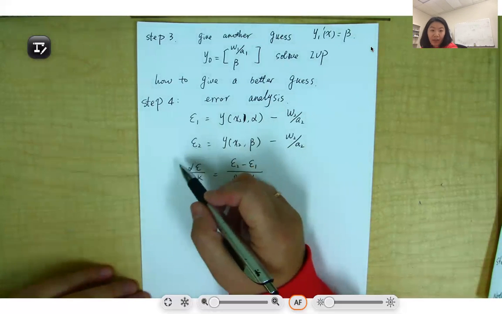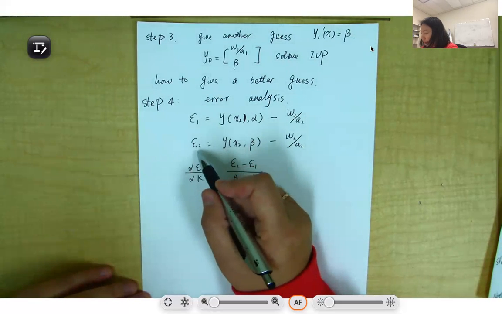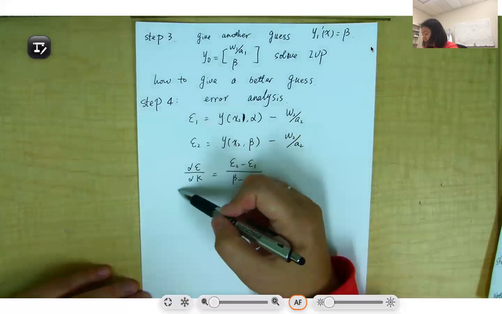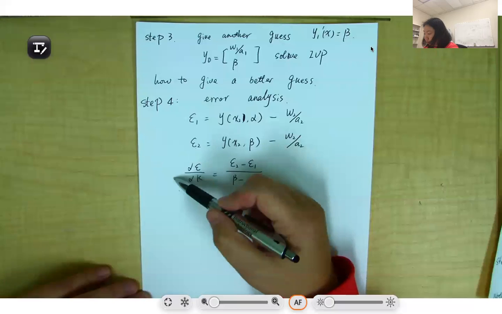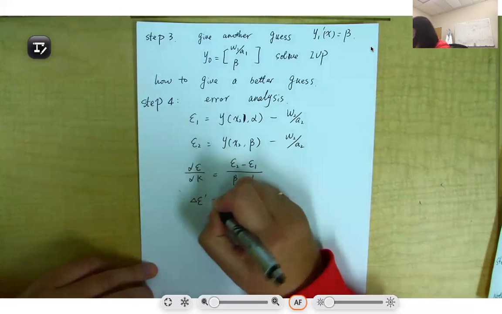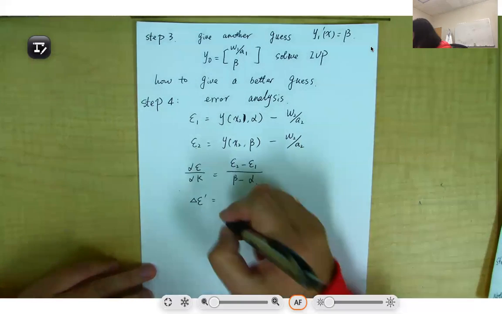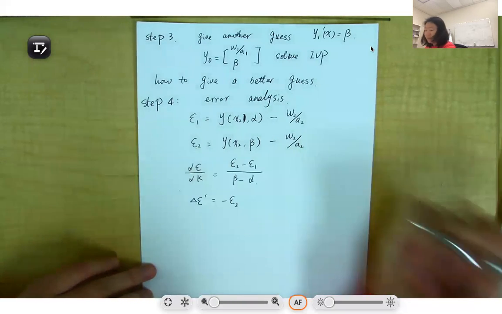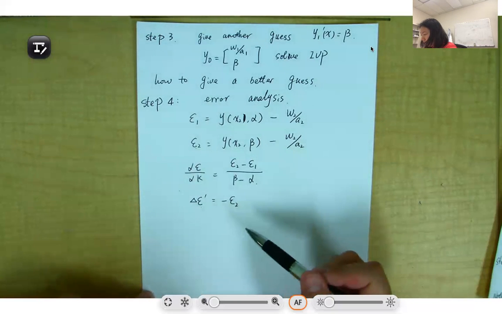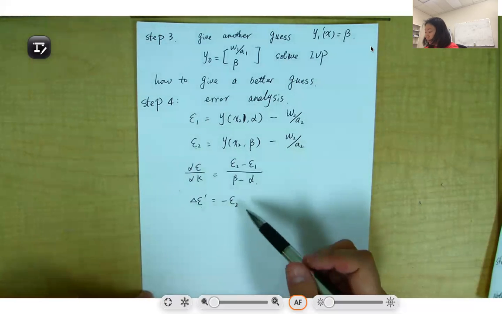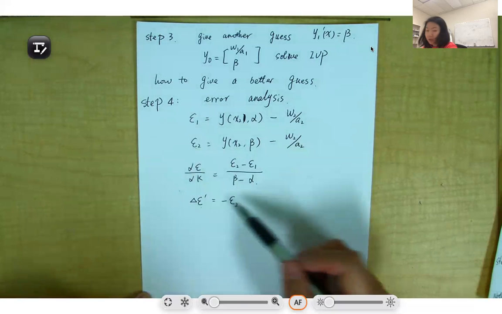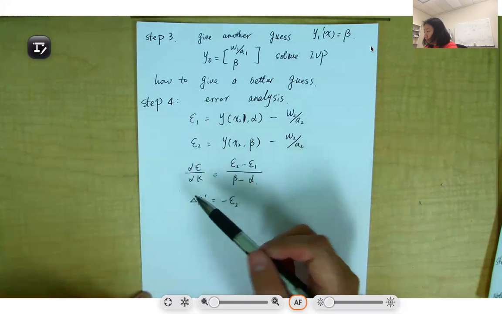Then you are trying to make the third guess compensate your error. This is the second guess. For the third guess, you are trying to compensate this error to be negative. So right now the error goes this way, then you want to go back. So the delta error for the third guess, you want to be exactly like this, so that the third guess can make our final solution go to the exact solution.